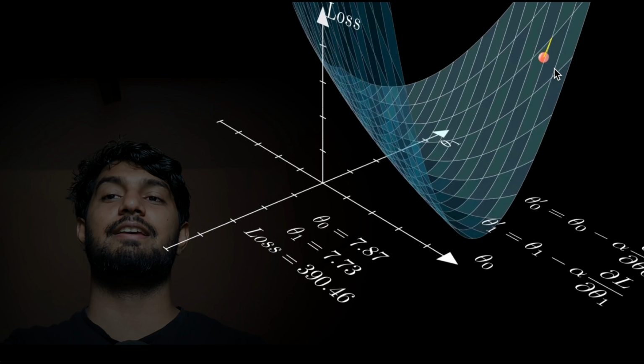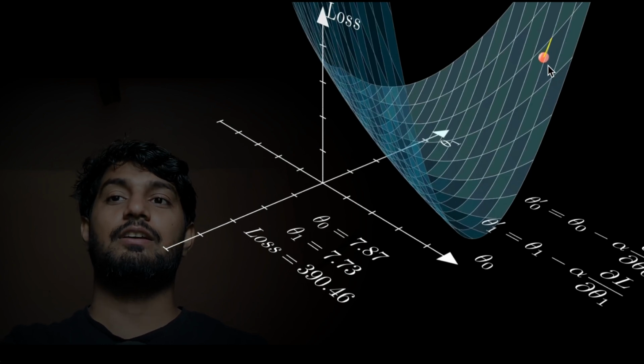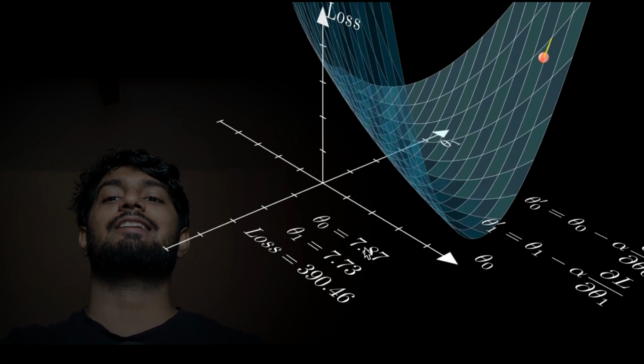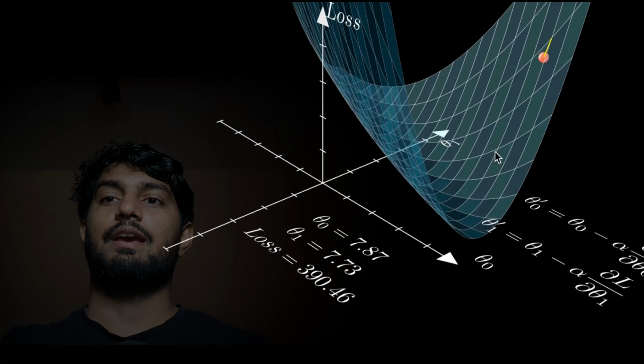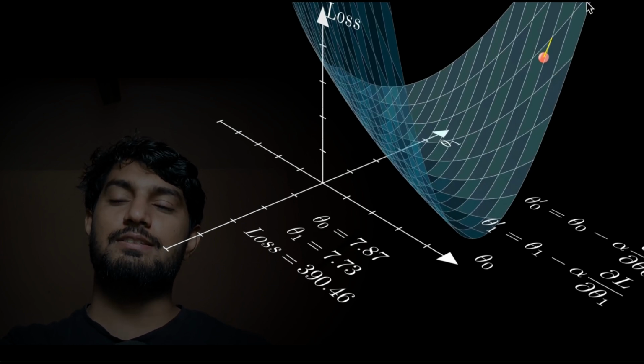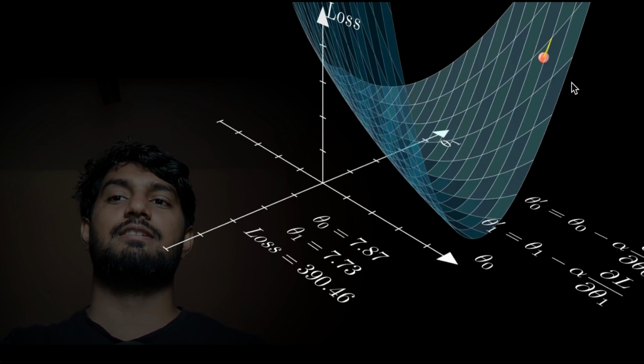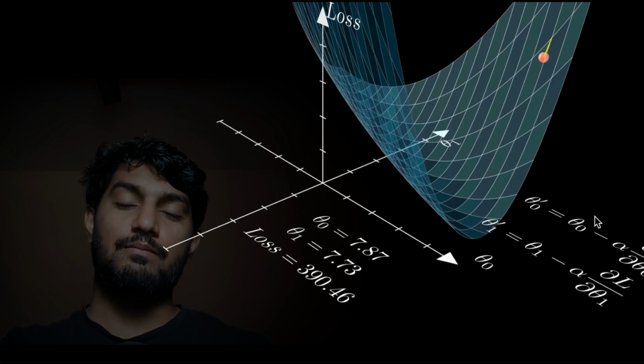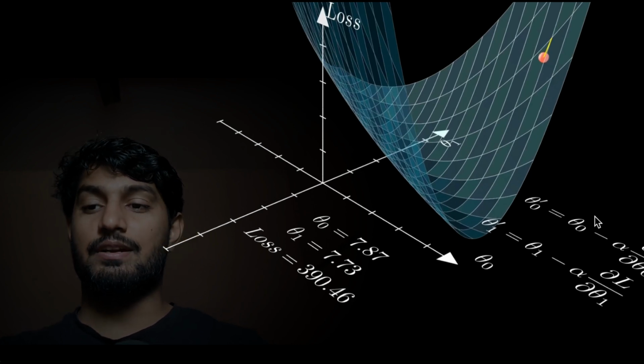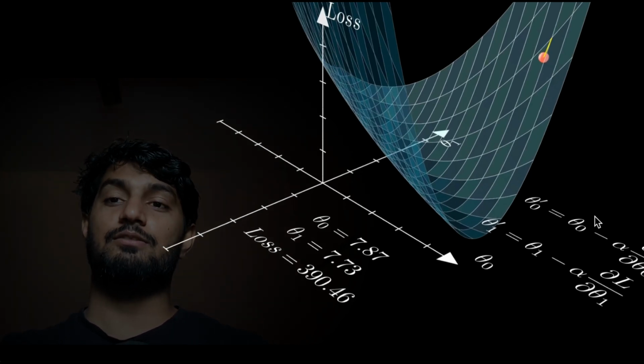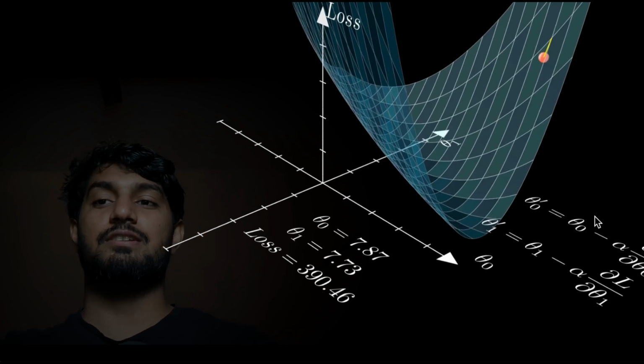So it is telling you that you are at a very wrong place, and you need to move somewhere where this loss becomes 0. How would I know whether I have to move in this direction or the opposite? You can learn that by taking the derivative of the loss function with respect to that theta. This is called partial derivatives.